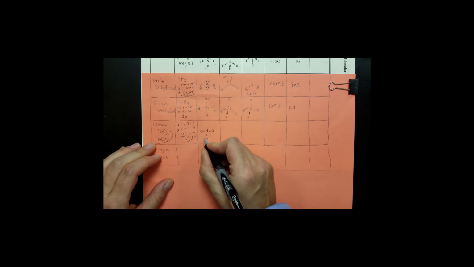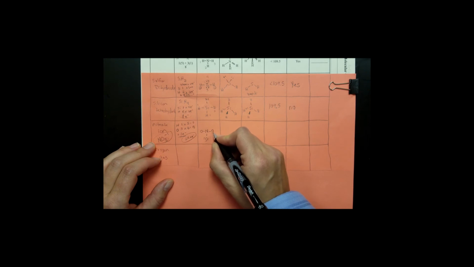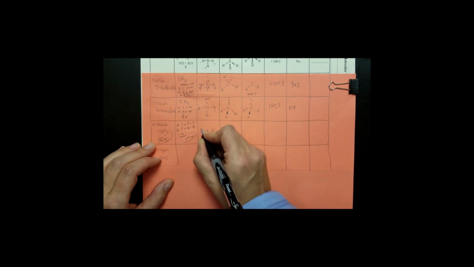So what we're going to do is go around and give everybody 6 more. Why 6 more? Because that single bond counts as 2. And if they want 8 and they already have 2, if I give them each 6, they'll be happy. So now all the oxygens are happy.